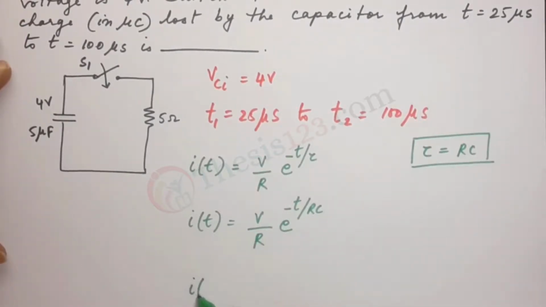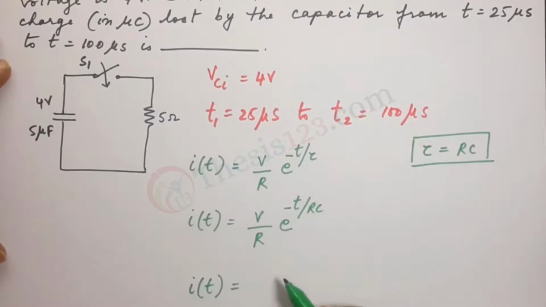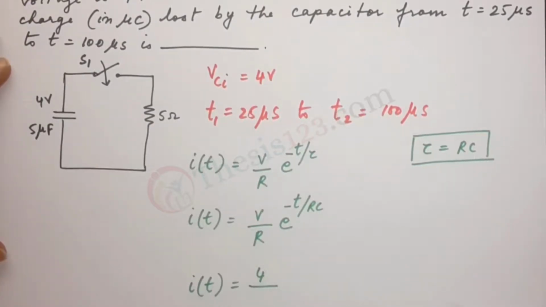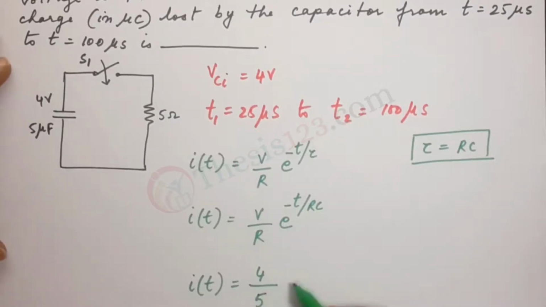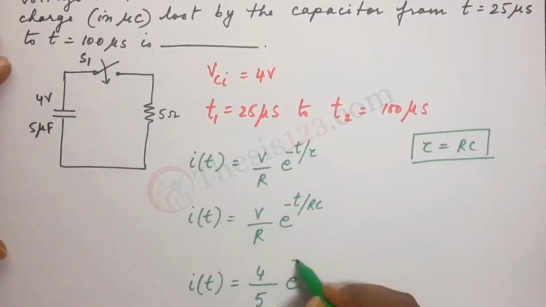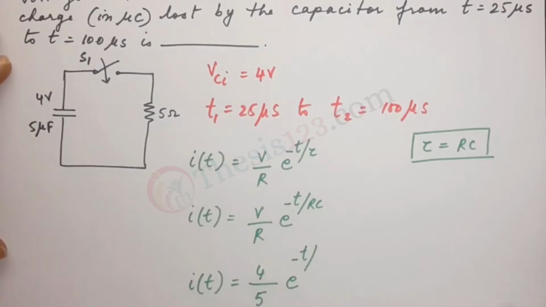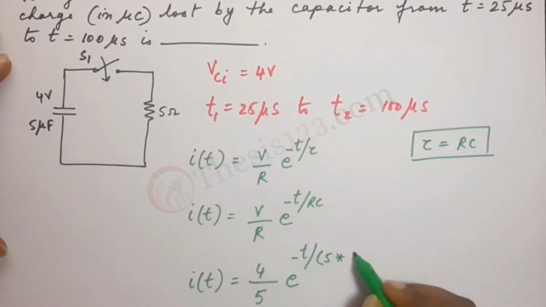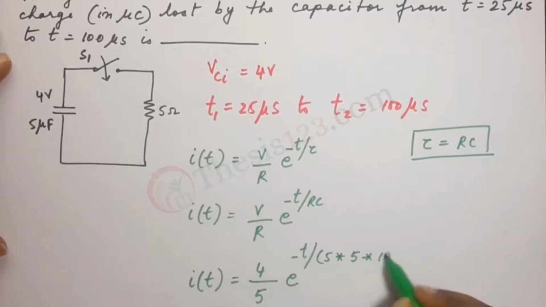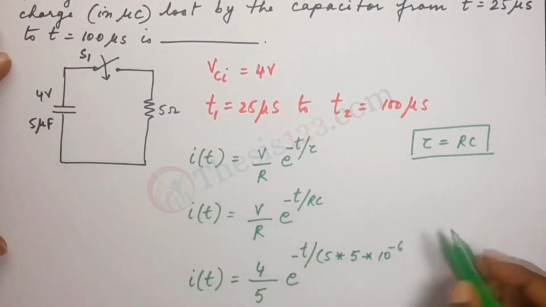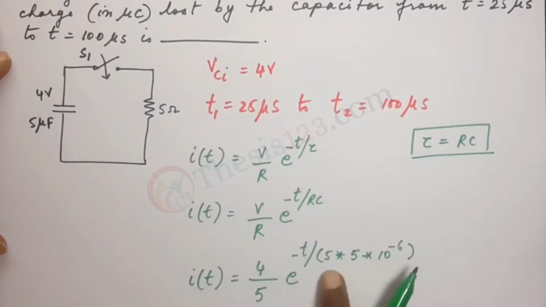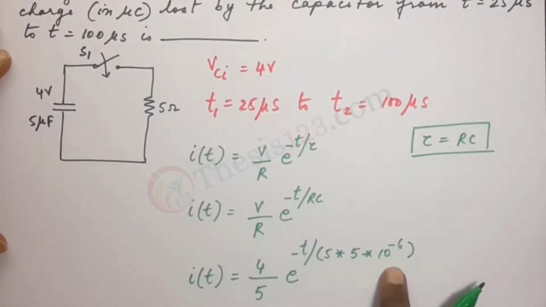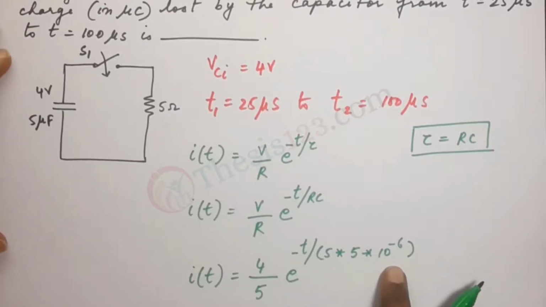So I of t is equal to V, which is 4, divided by R, which is 5, e to the power of minus t divided by RC. That's 5 into 10 power minus 6, because this is 5 micro. So 5 into 5 into 10 power minus 6 is 25 into 10 power minus 6 seconds.